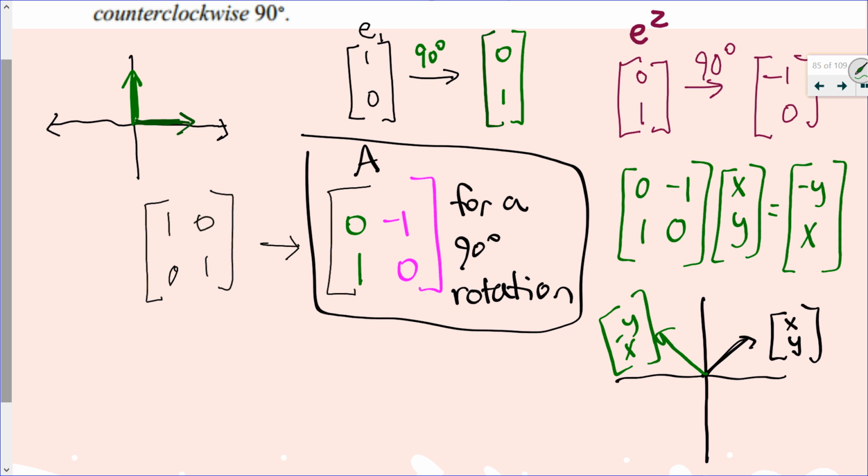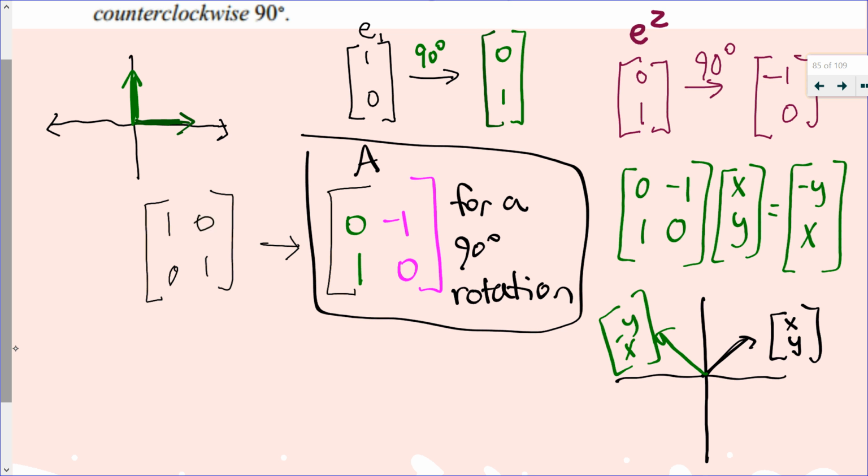Yeah, the slopes are opposite reciprocals, therefore the vectors must be perpendicular. So you've shown that the relationship must be perpendicular, it must be a 90-degree rotation there.